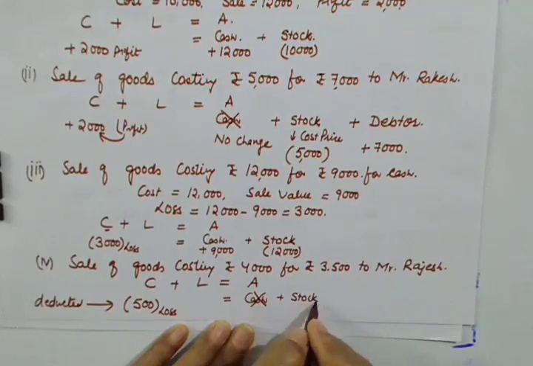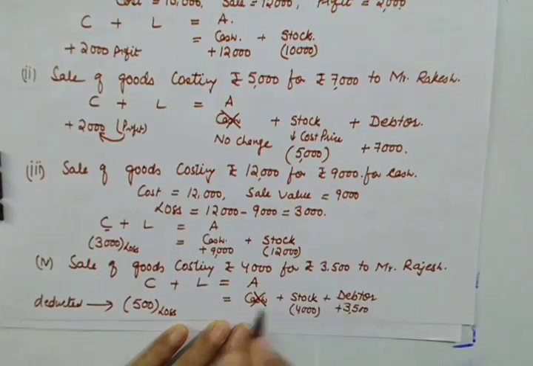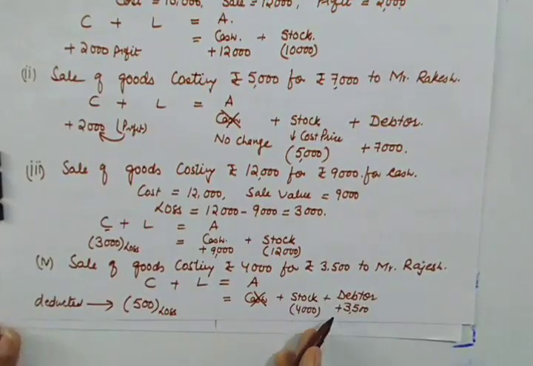Your stock will reduce by 4,000 and debtor will increase by 3,500. So finally 4,000 minus 3,500, so it will be minus 500 on the right hand side and minus 500 on the left hand side. Your equation will balance.